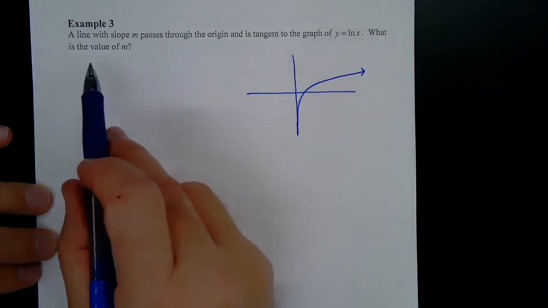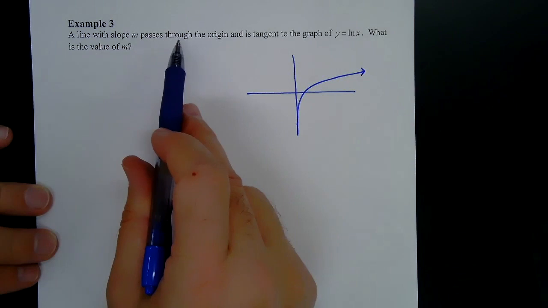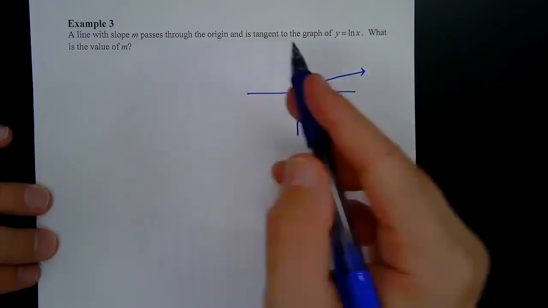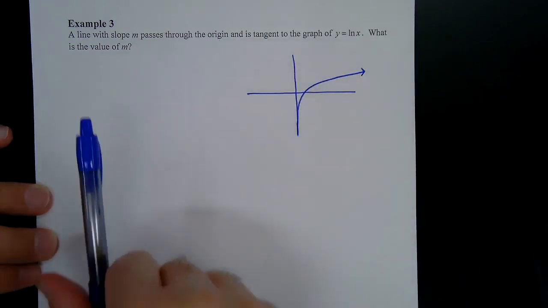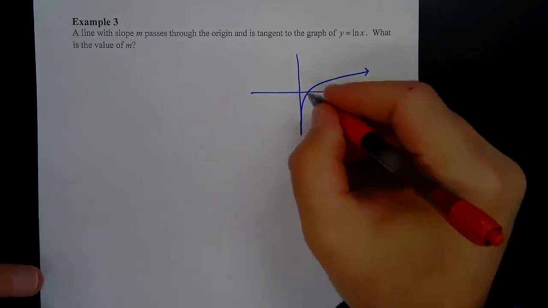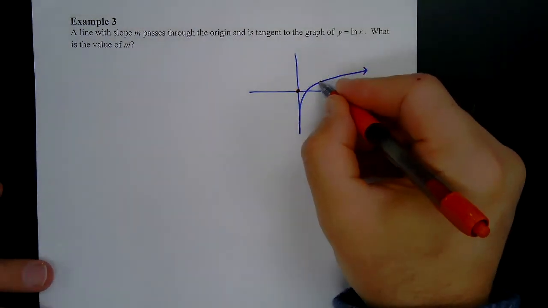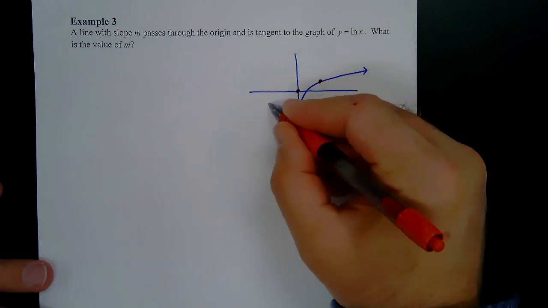We know that a line with slope m passes through the origin. So I know this is a point on it. Let me do it in a different color. So we know it goes through here. And we also know that it's tangent right here, okay?